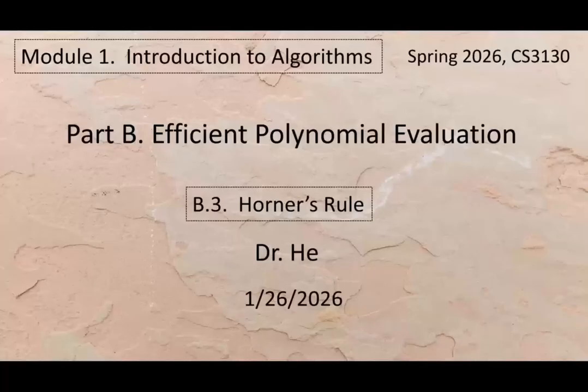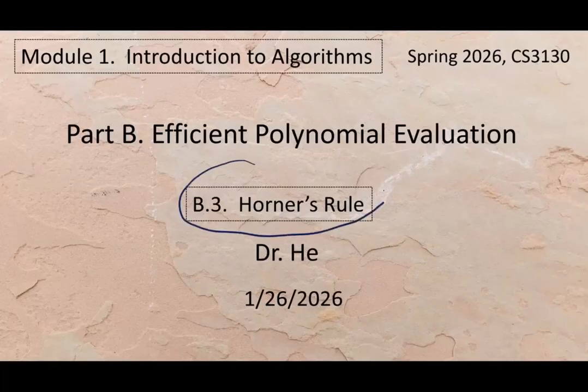The smart method we will do here, B.3, is called Horner's rule. Before we finish this class, let me start one slide on this Horner's rule and do some initial analysis.